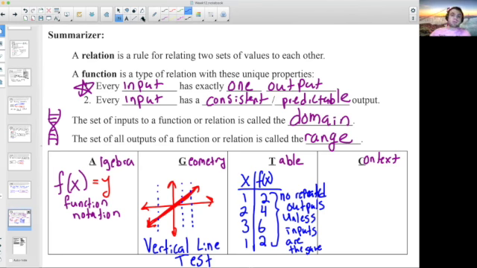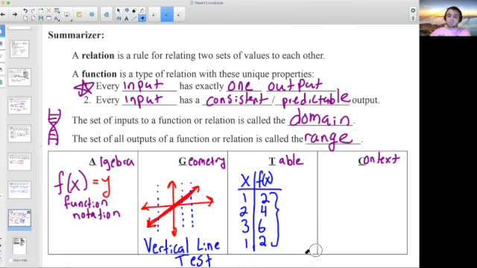I guess I should clarify. How about this? Each x has only one f of x. So if I plug in 1, I only get 2. I don't get anything else.